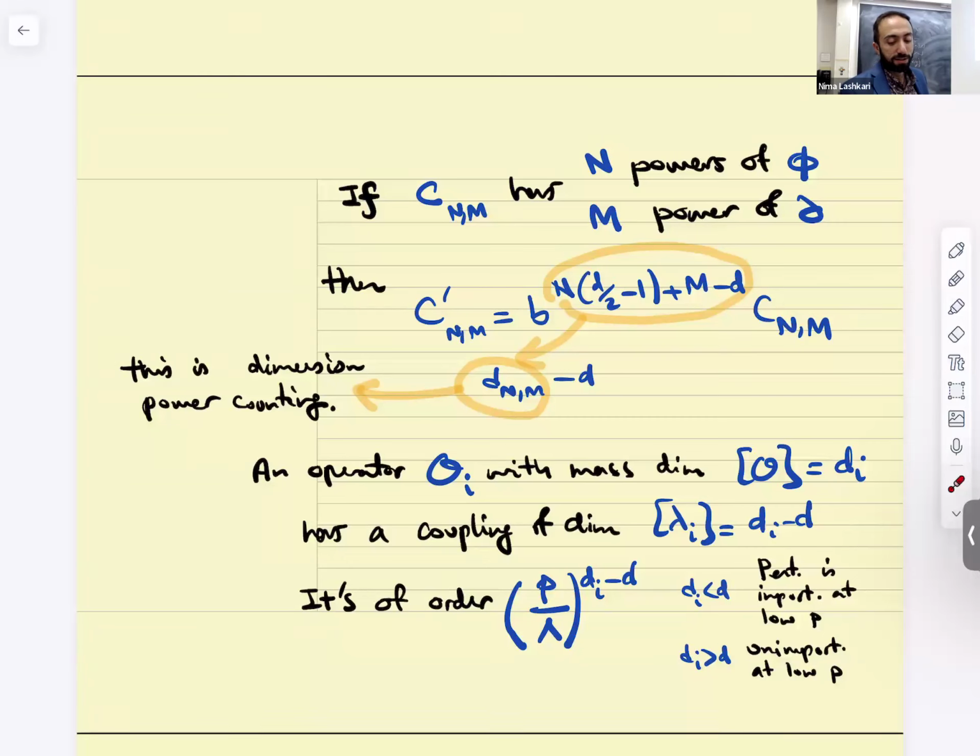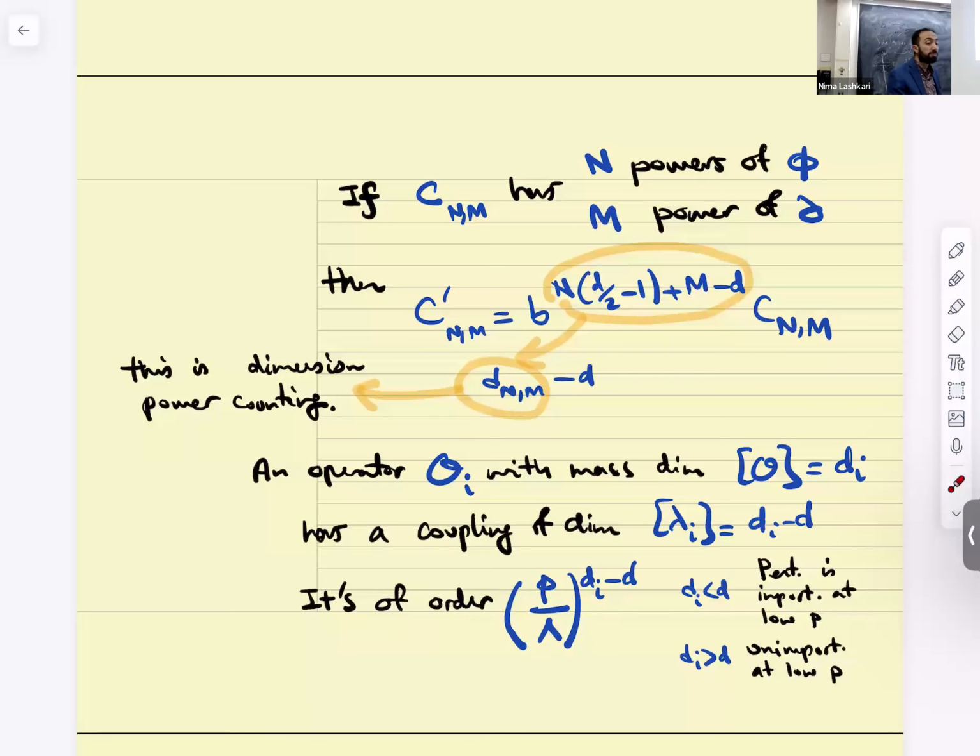Can you argue why this is? Well, you go through it. This is just naive dimension counting, nothing fancy. An operator O_i with mass dimension d_i has a coupling of dimension d_i minus d, and because the coupling ends up being dimensionful, the only sensible perturbation theory would be in terms of dimensionless couplings.